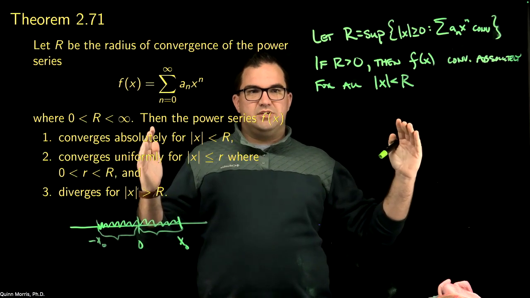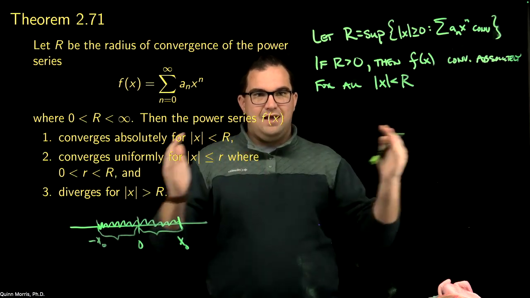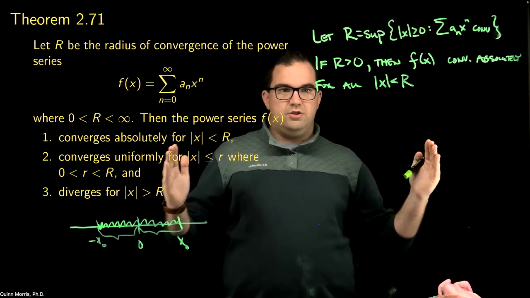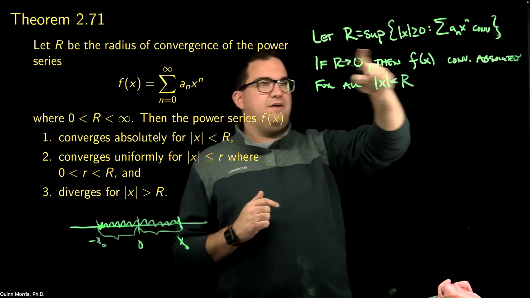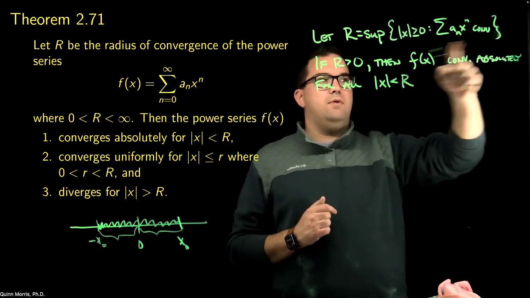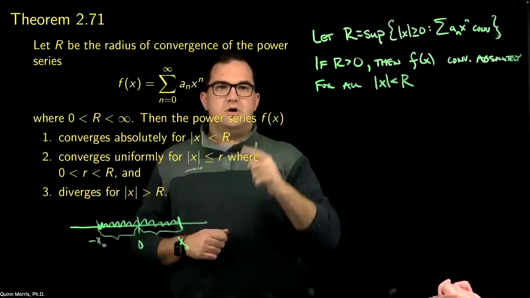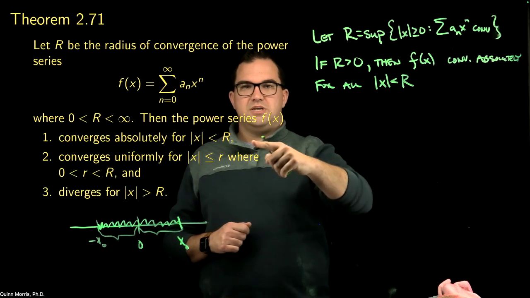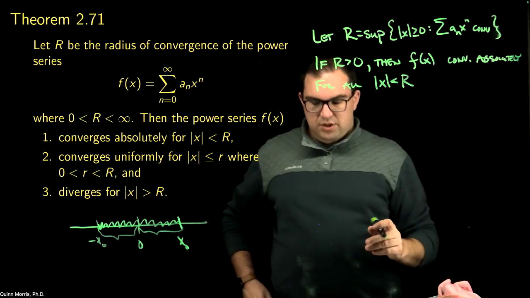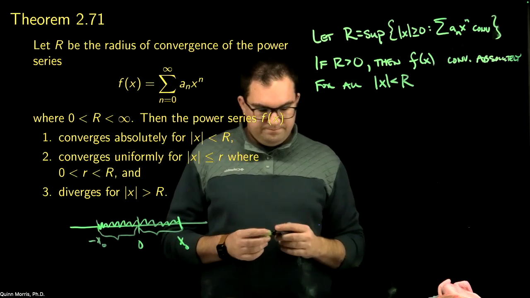But then because it has to converge on everything less than that, all of a sudden that would contradict my definition of R as the supremum of the set of all x values where this converges. Okay, so actually your definition of R here actually gives you 1 and 3. Now it's just a little more work to get to.